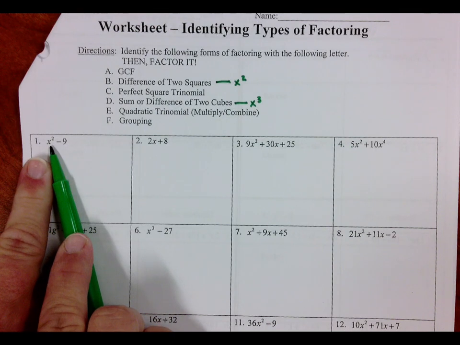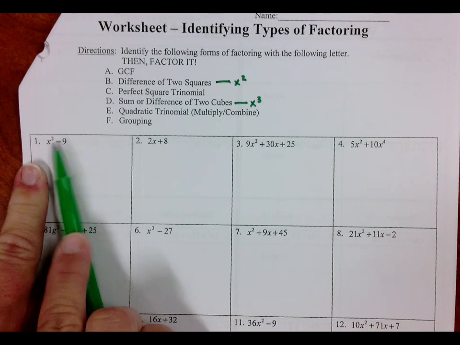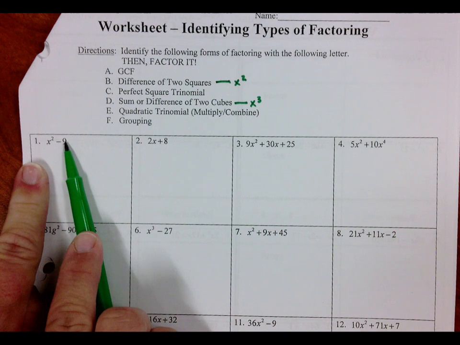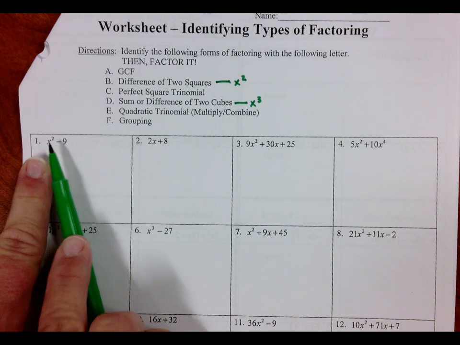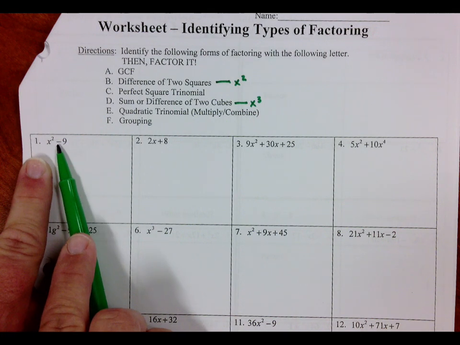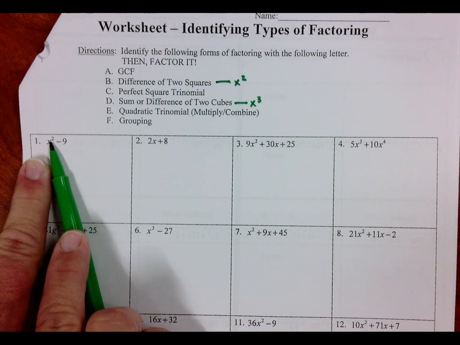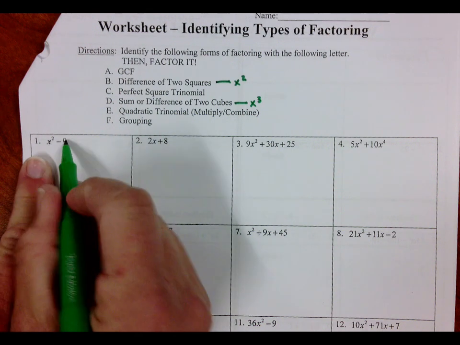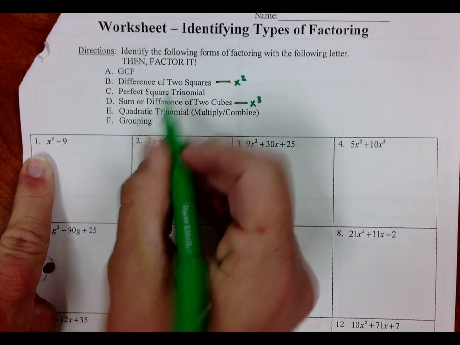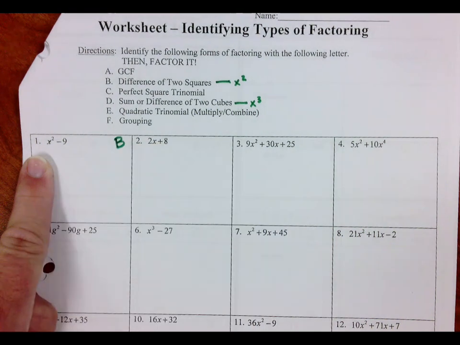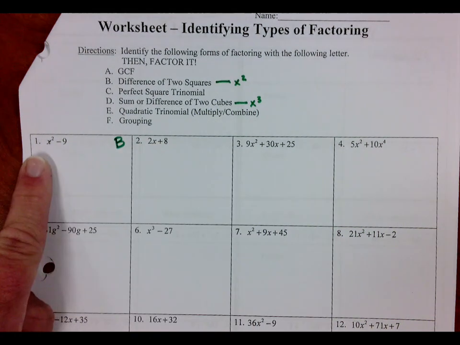So number 1, it has 2 terms, right? So it's either going to be difference of squares or difference of cubes. Is it subtraction? Yes. And it has only 2 terms and it has a 2. Are they perfect squares? Yes. So it's going to be difference of squares, which is letter B. So identify that first, okay?